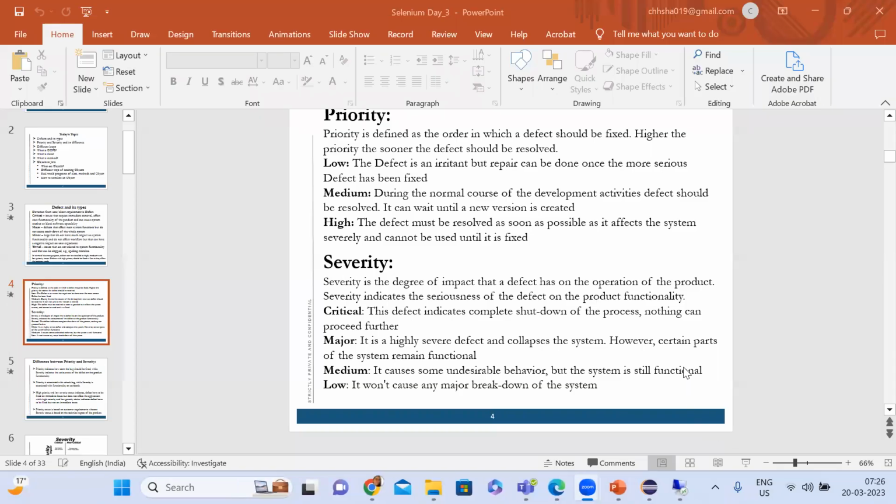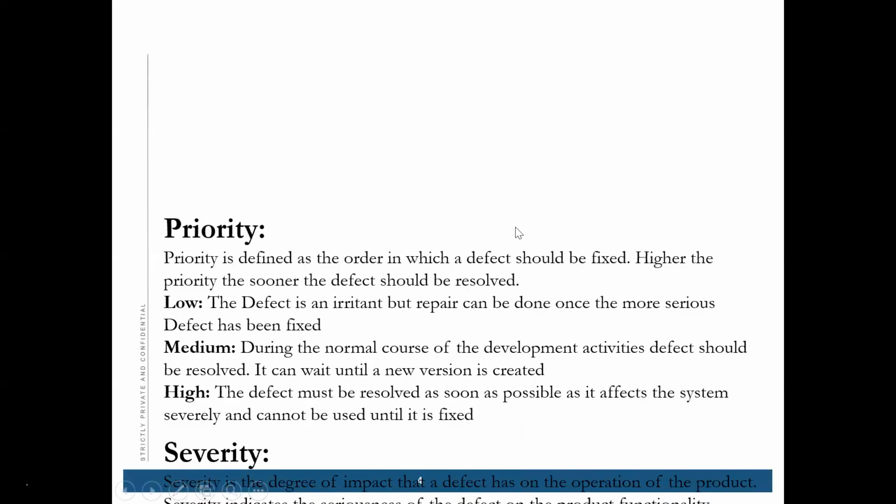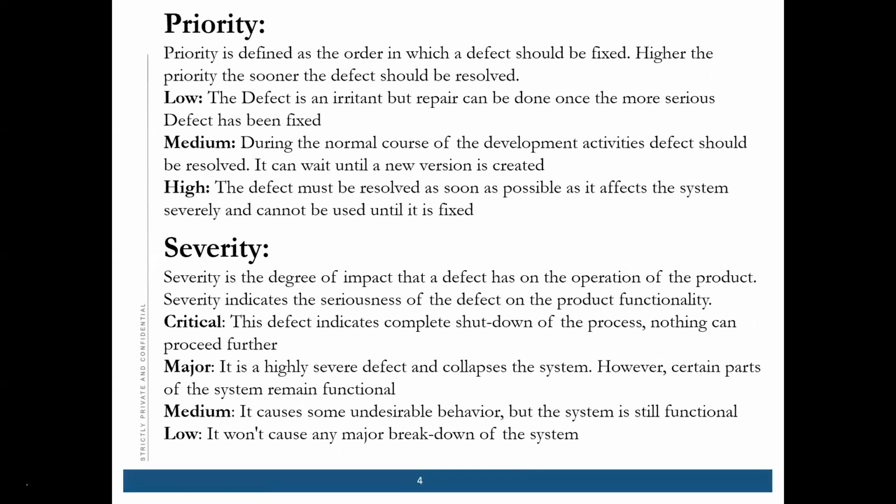Correct. Very good. So priority always depends upon the schedule, how fast that defect should be fixed. Very good, Yatharth. So priority is how soon that defect should be fixed.